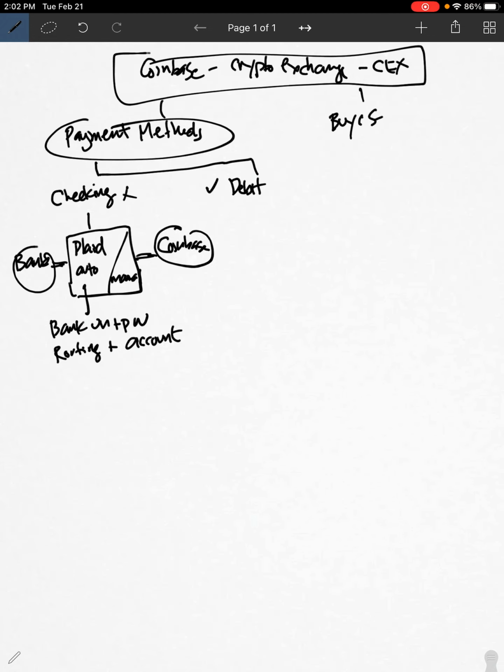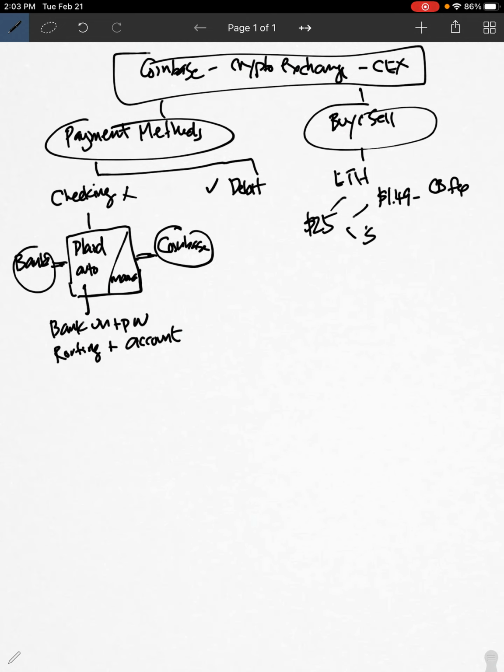So what I decided to do is I wanted to buy ETH. And so I go into the menu, and then I said I wanted to buy $25 worth of ETH, and $1.49 is the Coinbase fee, which means that only $23.51 goes into ETH, and at the current rate, it's got about 0.39267 ETH.